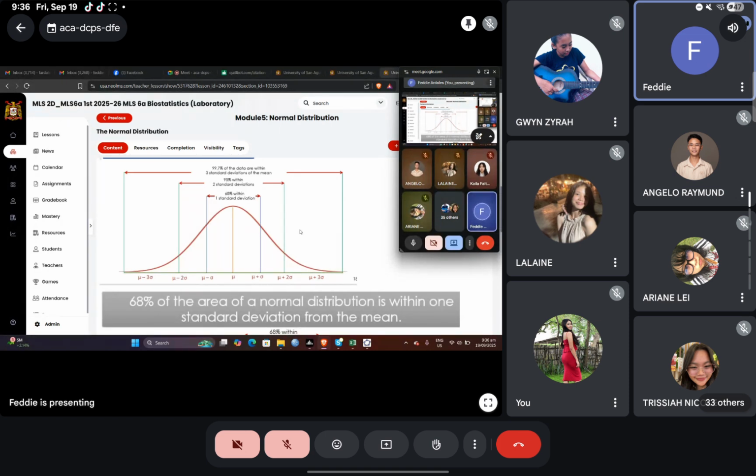When your values fall within 1, 2, or 3 standard deviations of the mean, you can approximate the probabilities without using a calculator or a table. So you can approximately determine the probabilities, which are 68%, 95%, or 99.7%. Okay, questions so far before we proceed?